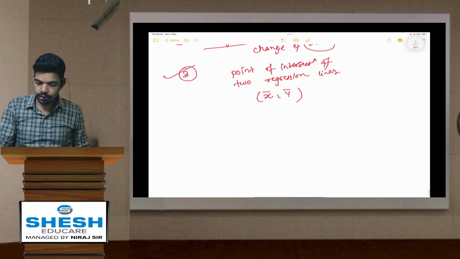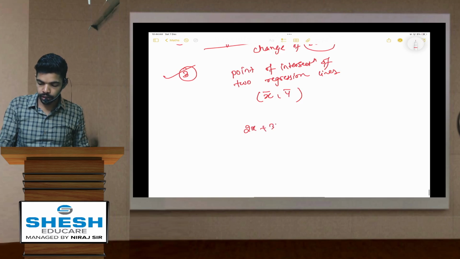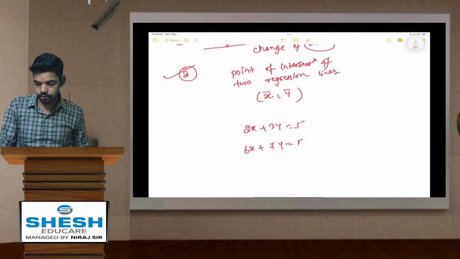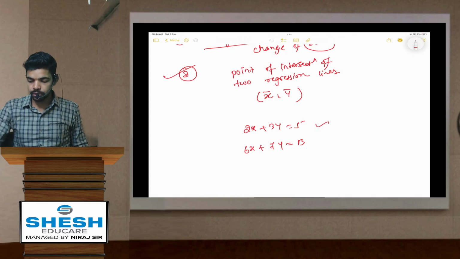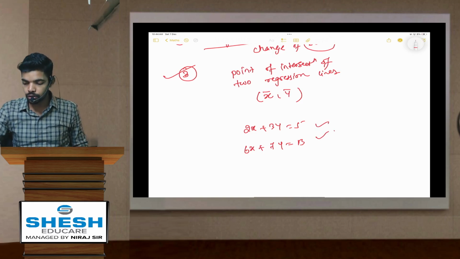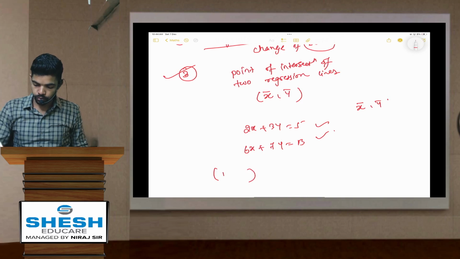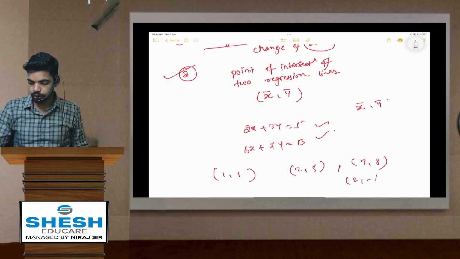Suppose two regression lines are given, 2x plus 3y is equal to 5 and 6x plus 7y is equal to 13. Okay, these are two regression lines and they will ask you to find the mean. So क्या करना है, ऑप्शन में से suppose 1,1 is given, 2,5 is given, 3,8 and 2,-1.